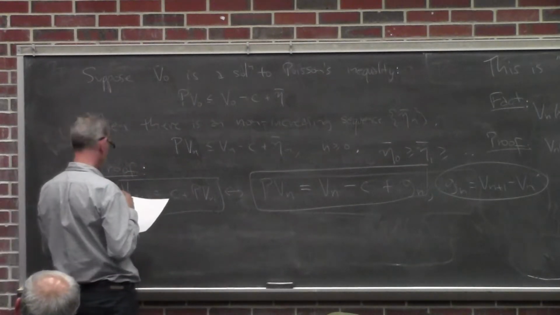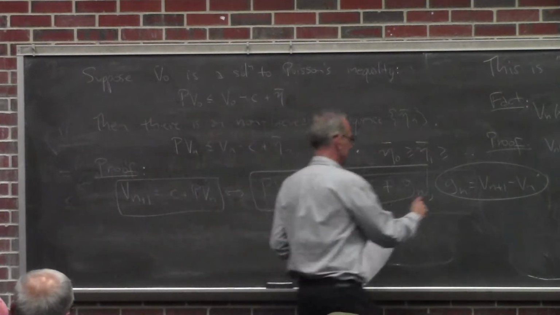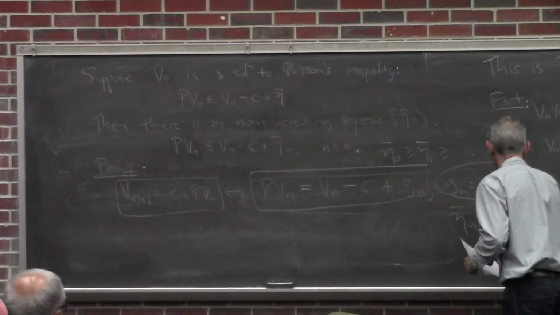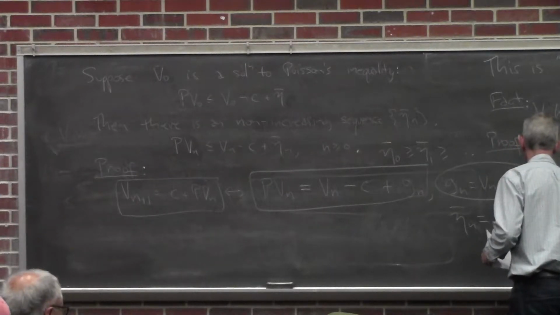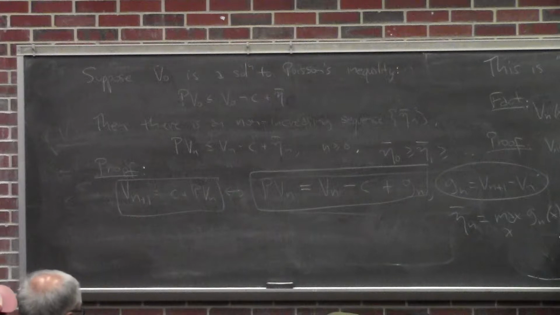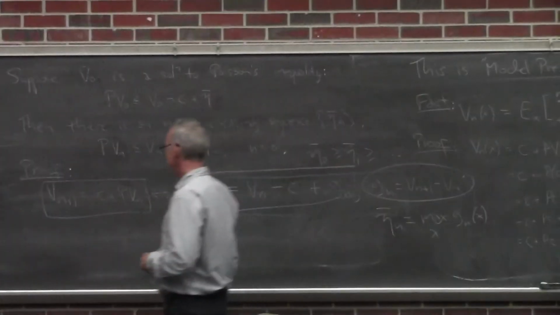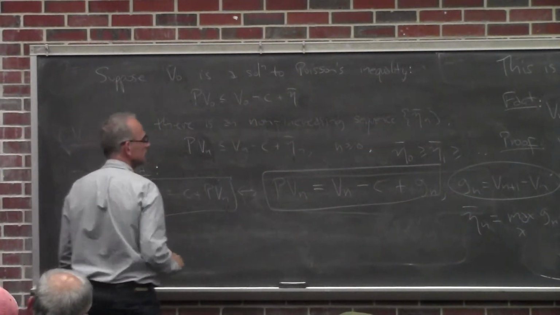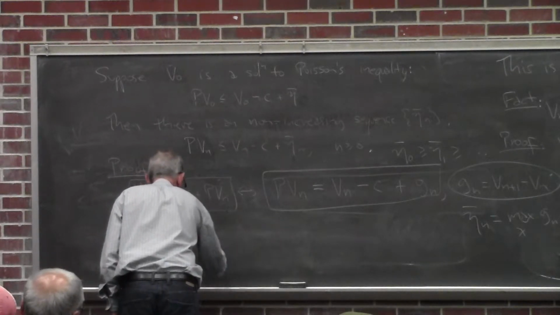So let's show the Gn are bounded. Eta bar n is going to be the maximum of this over all x. And let's show those are decreasing. And how do you do that, everybody? You write down Gn equals Vn plus 1 minus Vn.